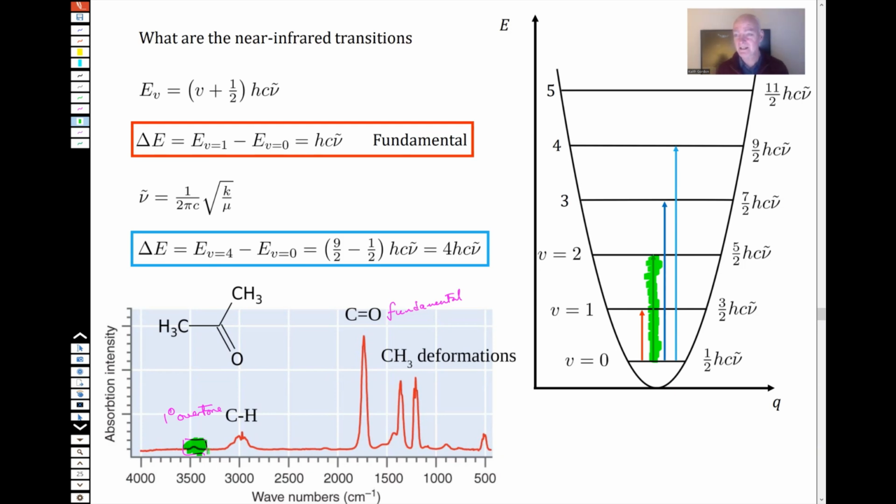Well, it's about twice what the fundamental was. That makes sense because you're jumping up from there to there. That's 2 h nu, and jumping to there was 1 h nu. So that makes pretty good sense. The intensity looks pretty weak. It is pretty weak. And so you might say, well, why would you ever use this? Because these are overtones. I get that you can see that they're overtones. That's okay.